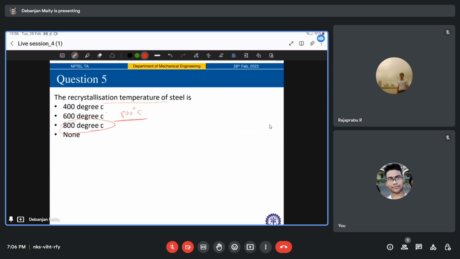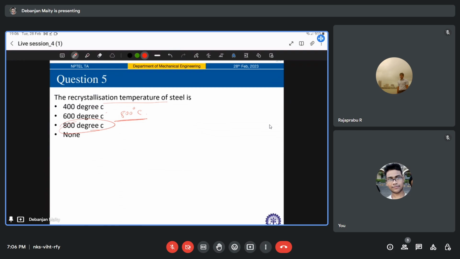Now, in terms of mechanical properties, what happens during recrystallization? Let me emphasize that part. It is already mentioned that mechanical properties, like strength and hardness of a polycrystalline material, are governed by the grain size of this material.